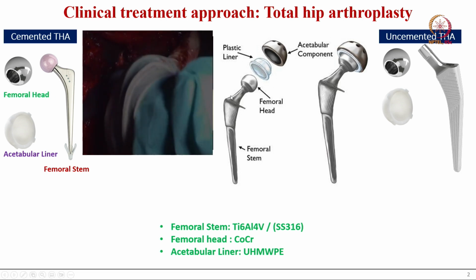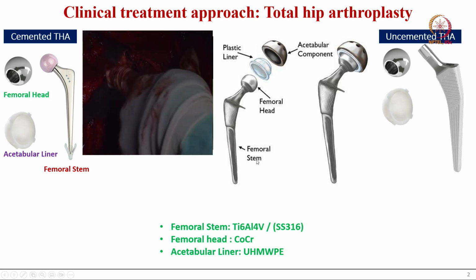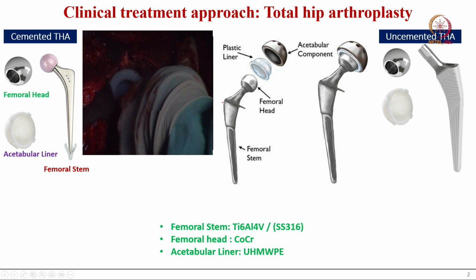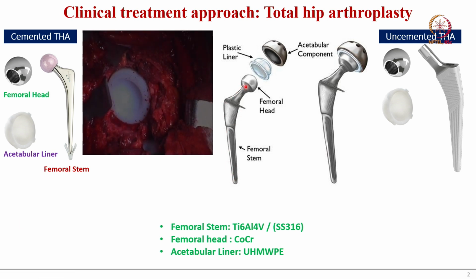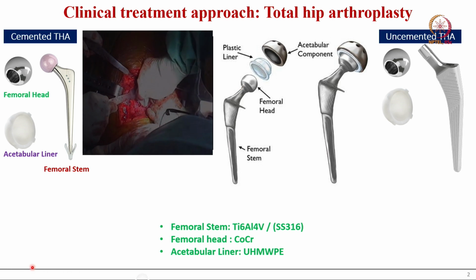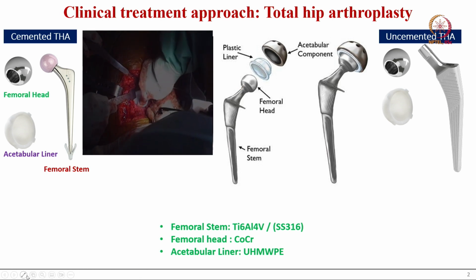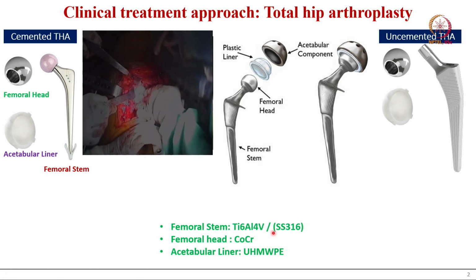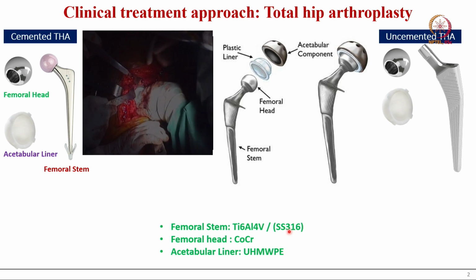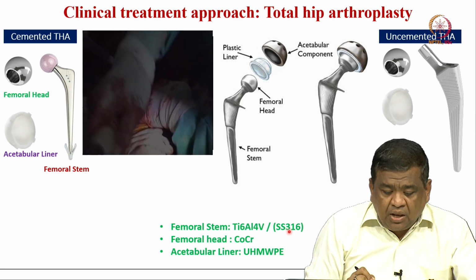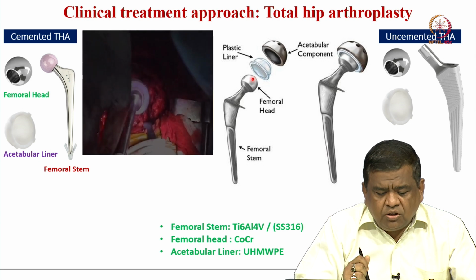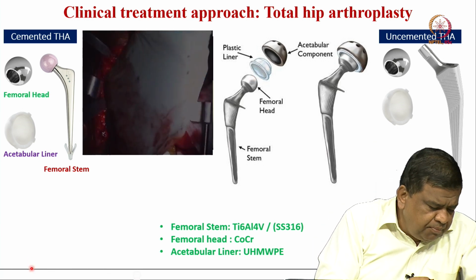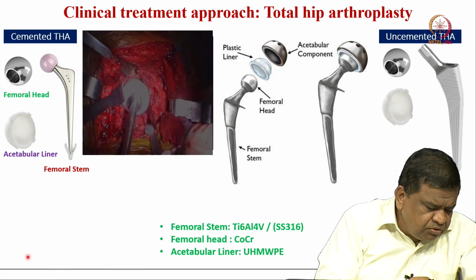Now, this particular femoral stem that I am showing you is made of Ti6Al4V. Okay. So, that has been written here, Ti6Al4V or stainless steel 316L, and the femoral head is typically cobalt chrome; the femoral head can also be ceramic. So, let me also write down those things.